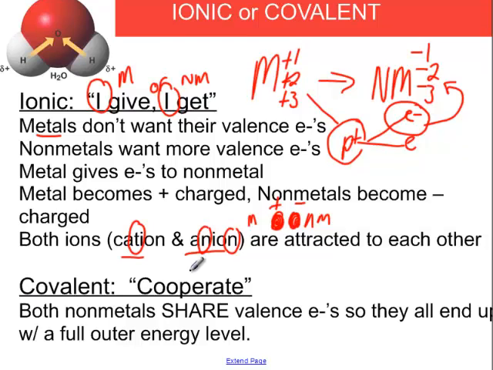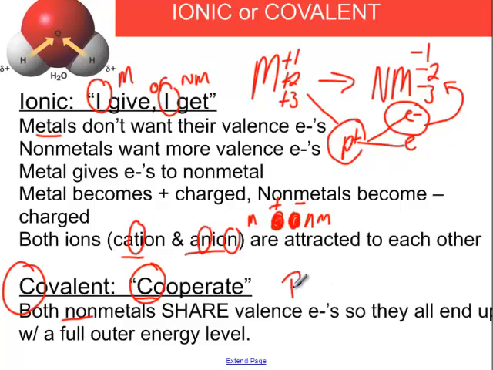Now, covalent compounds, this is the new stuff. Covalent starts with CO, cooperate starts with CO. So when we talk about covalent compounds, we're actually talking about nonmetals. There's no metal in the picture anymore. So if you see a metal, it's automatically ionic. But if you don't see a metal, if it's just a bunch of nonmetals, they're going to cooperate. They're going to share their electrons. One of them's not just going to give up electrons to the other.